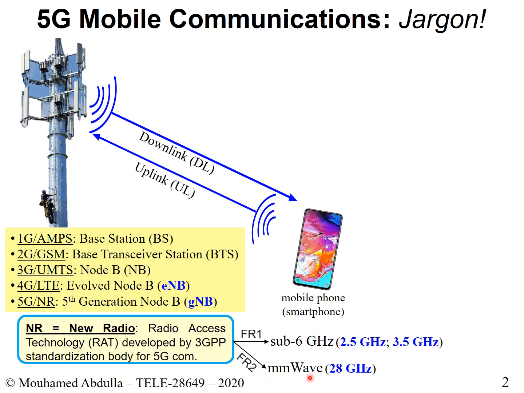But we are also giving cell carriers the capability to operate at millimeter wave communications. Millimeter wave means that you are operating at very, very high frequencies, ranging somewhere between 24 gigahertz up to 100 gigahertz. This is enormous.